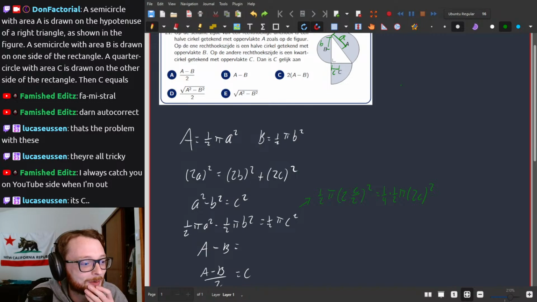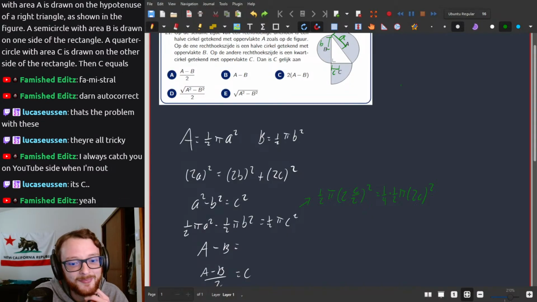It is C? Yeah. I'm not doing this manipulation right, but I know it should be C because I was off by a factor of 2 that was going to get squared. So I knew it should be 4 times what I got.